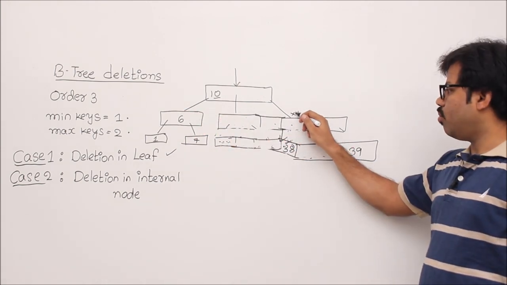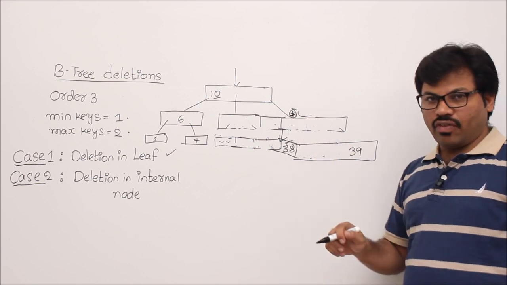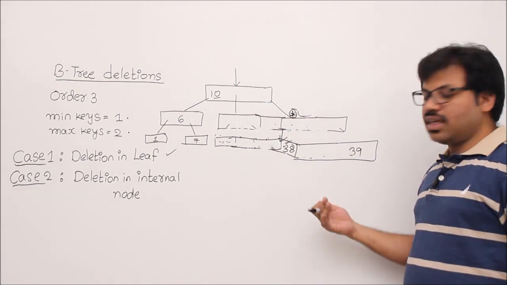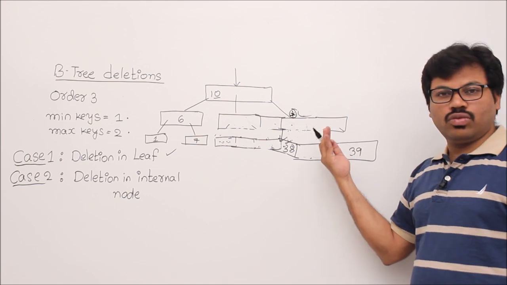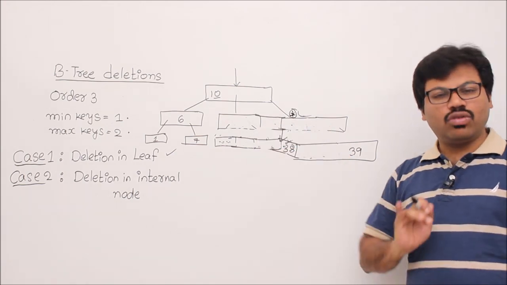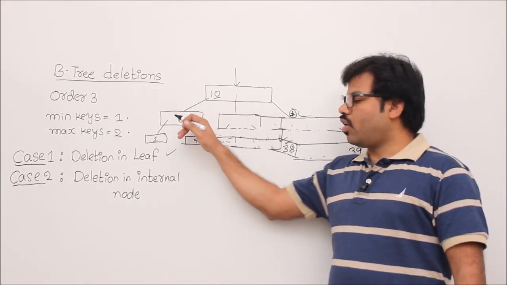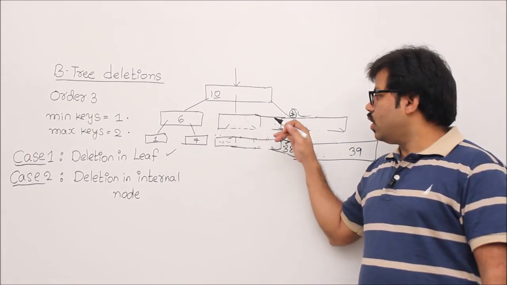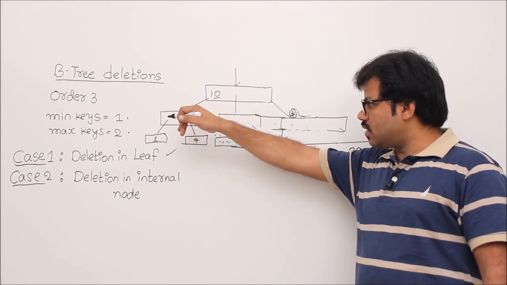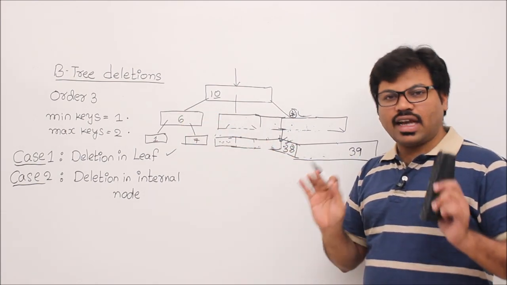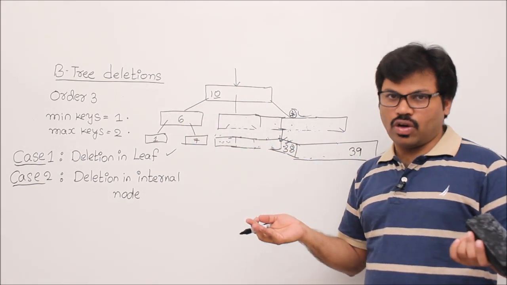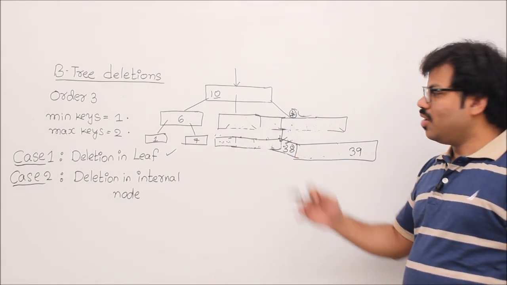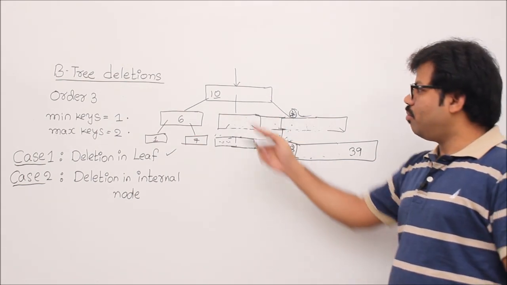It is like now a problem at the internal node. Whenever while deleting in a leaf the problem propagates to an internal node, how to solve it? First of all, borrowing from siblings. So we'll try to borrow from the siblings, but this internal node has a sibling which has exactly minimum keys, then we can't go for borrowing. Then the only thing is what? Pull the key from the parent.